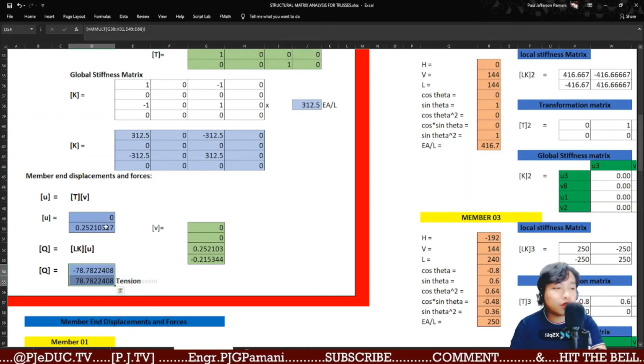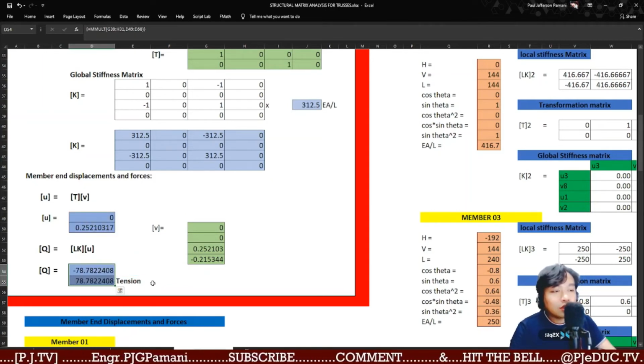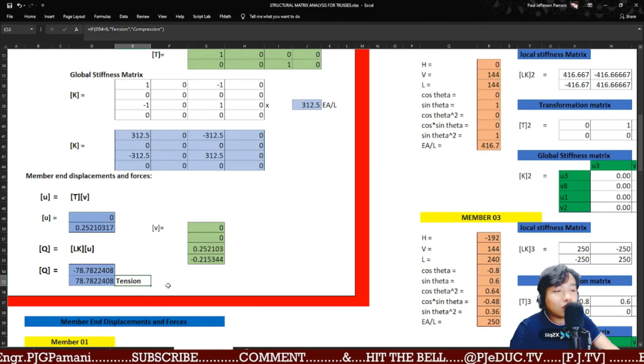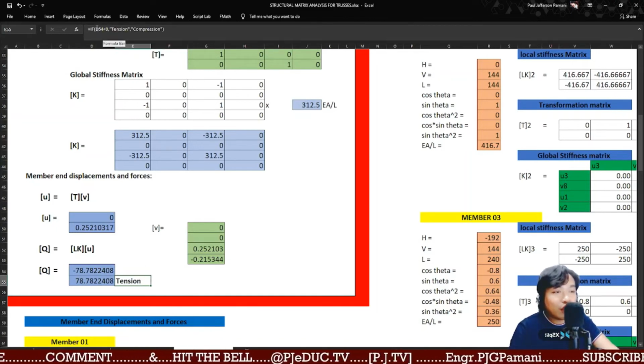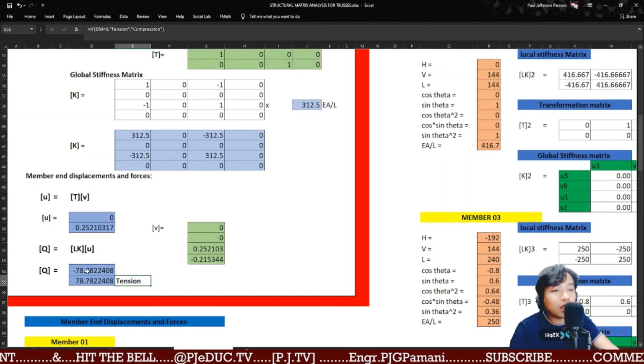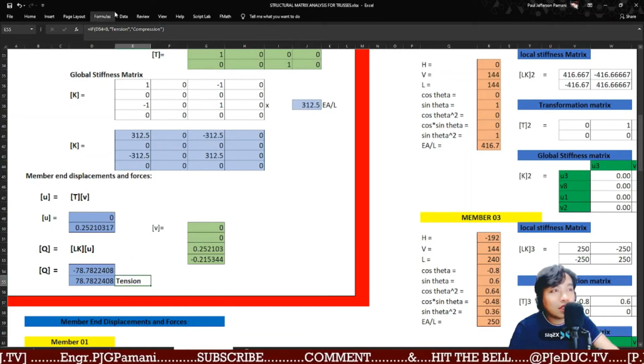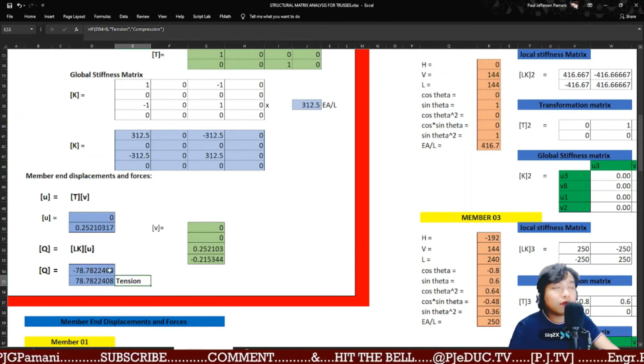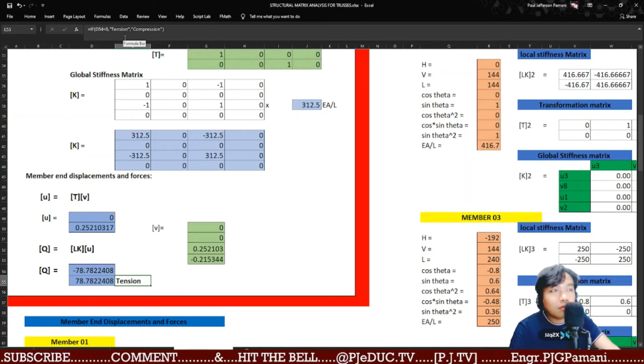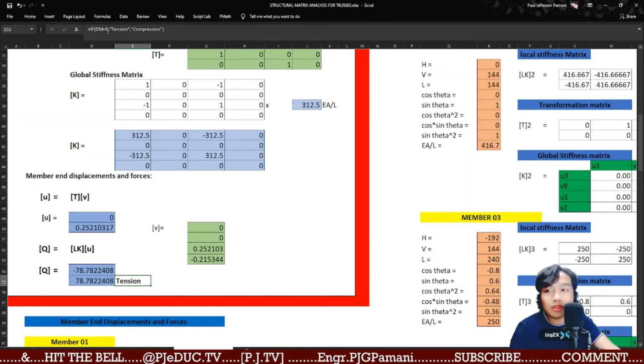So, Control Shift Enter. So, kayo nang bahala kung gusto ninyong gamitin itong conditional formatting ko sa cell. So, if the cell containing Q1, which is under D54, is less than 0, therefore, this force is in tension. But if it is greater than 0, therefore, it should be in compression, such as shown here.